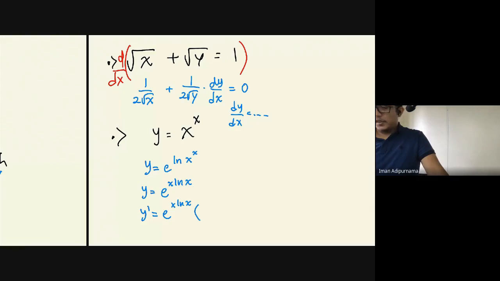And then you have x ln x. This is just a product rule. f g, so you have f prime g plus g prime f, which we get 1 plus ln x. And this part you can turn back to the original equation, which is x to the x.